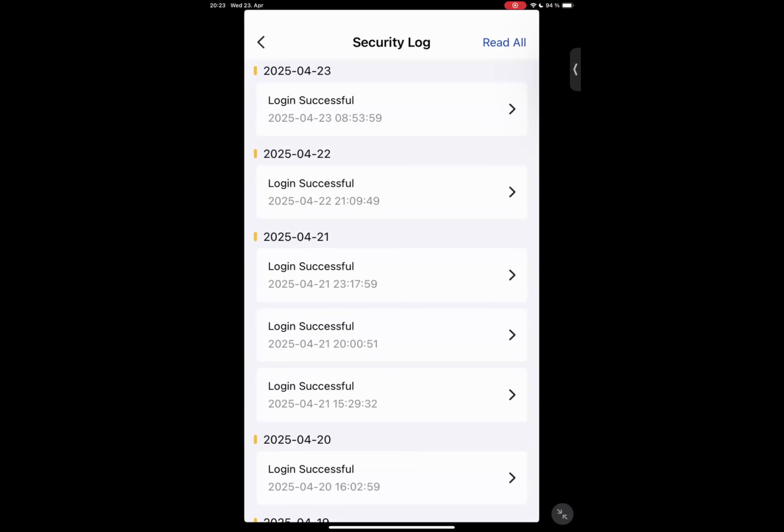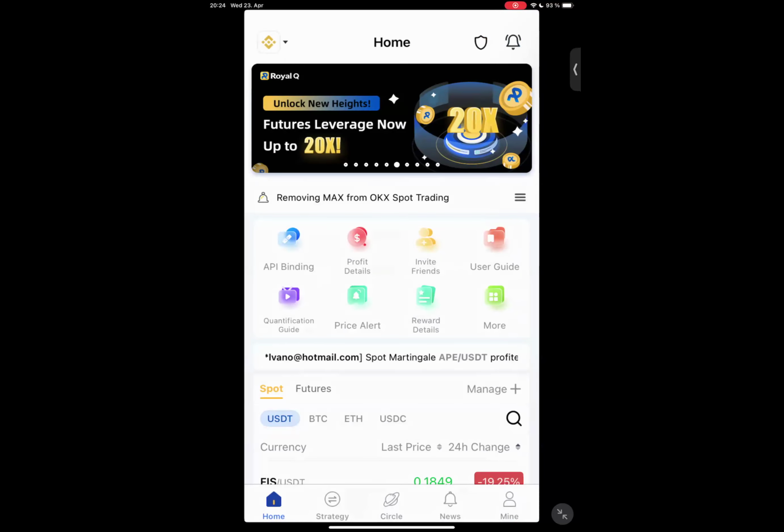I'm going to see change in IP address. That will give you an idea of who has changed address, when I'm still where I am. How come? So you would know if a foreigner is entering into your account. Okay, so that is it about the security log.